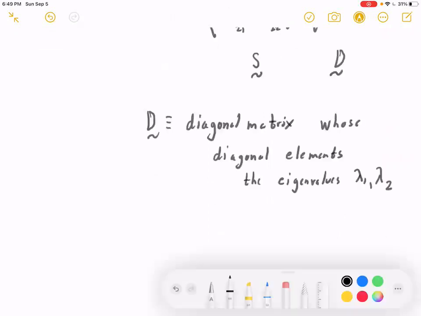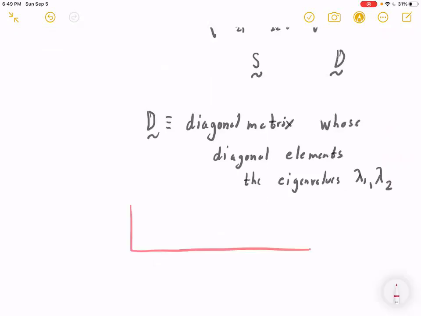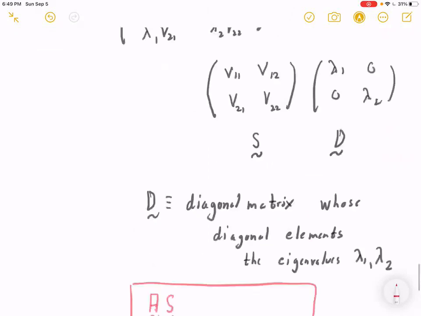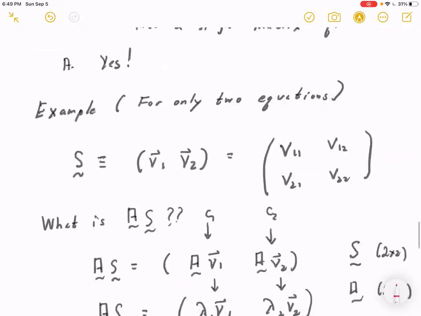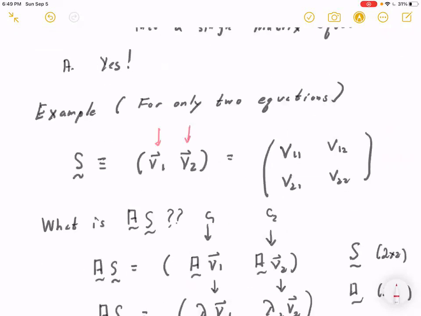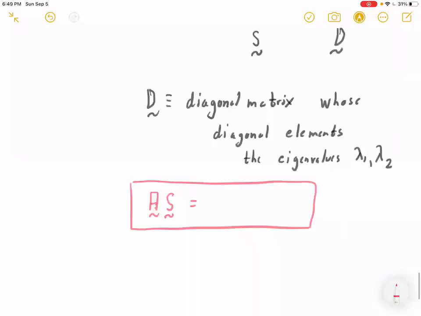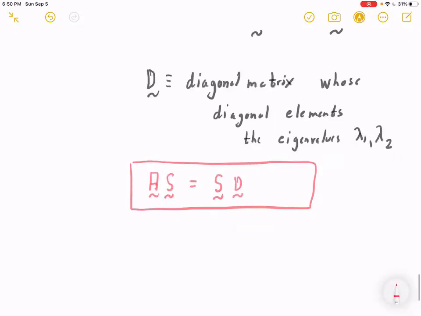So we put all this together, we have discovered that when you take A and act on this newly defined matrix S, which again is just a matrix whose column vectors are the eigenvectors for the problem, you get an interesting answer. You get back the matrix S times a diagonal matrix. So again, A is my original matrix.